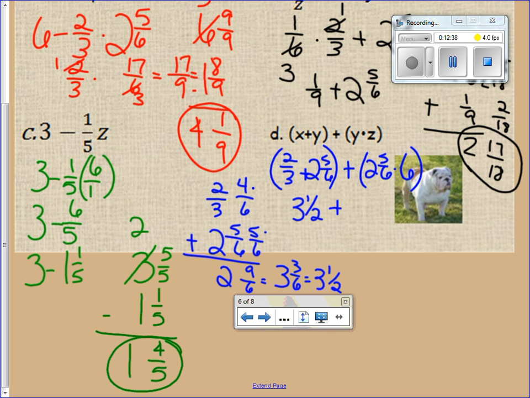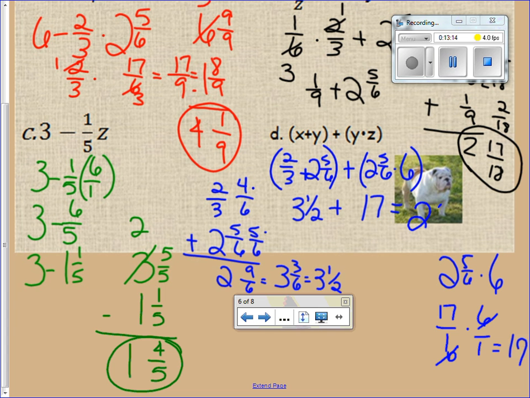3 1/2 is going to be added to 2 and 5/6 times 6. So 2 and 5/6 times 6 would equal... So now I simplify the second parentheses, which is going to equal 17. 17 plus 3 1/2 is 20 and 1/2.